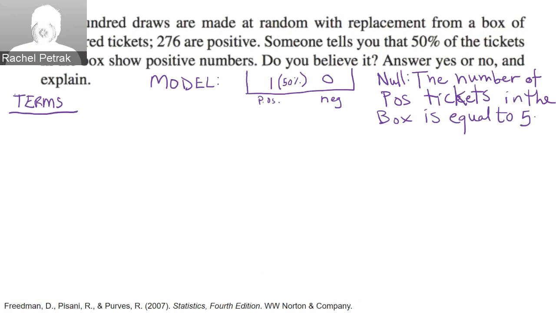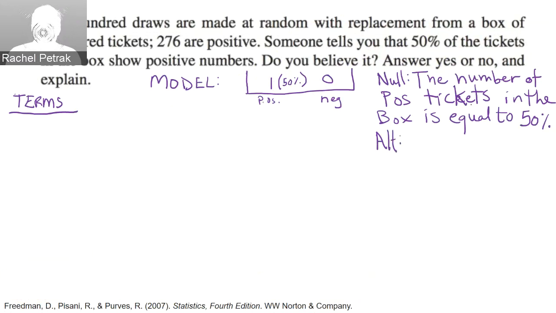Why am I writing the null like this? Why not just say 50% of the tickets in the box are positive? Well, that doesn't contain the idea of there being no difference. I'm just trying to state this in terms of the more familiar, this is kind of a weird scenario.